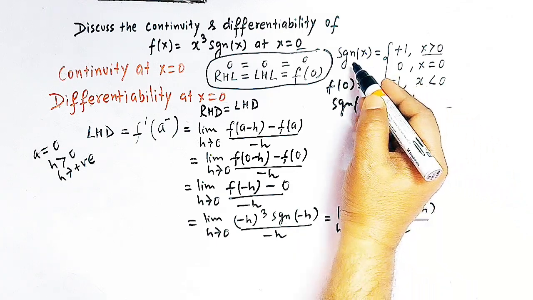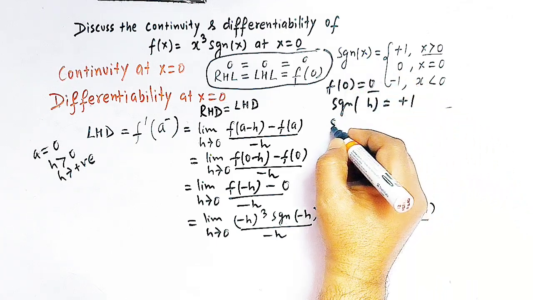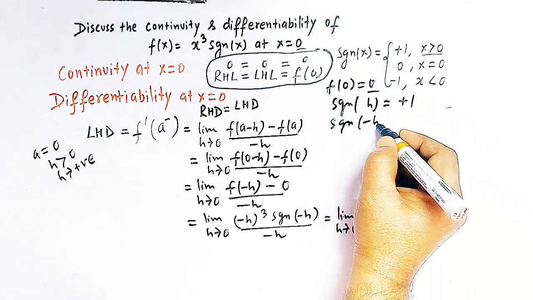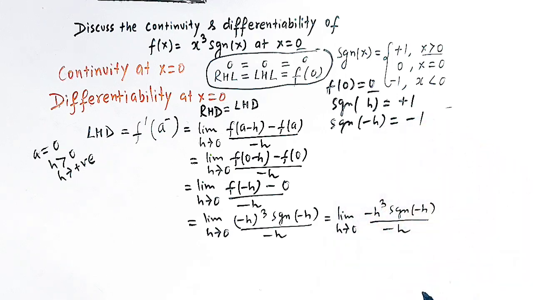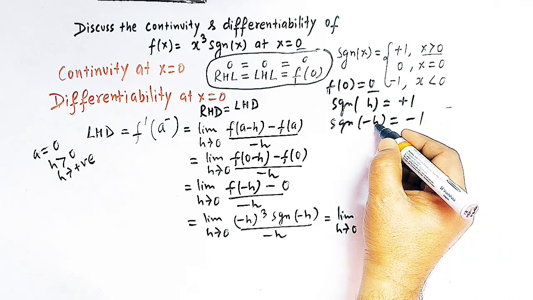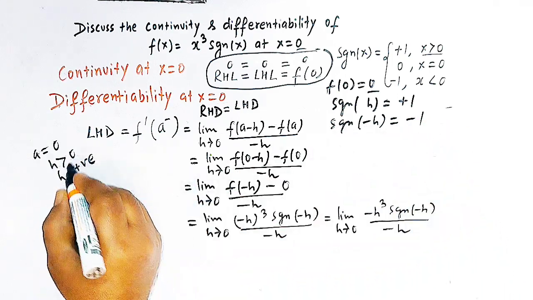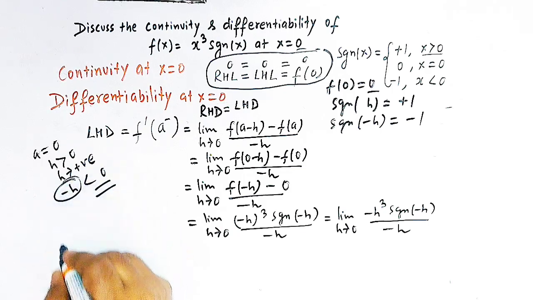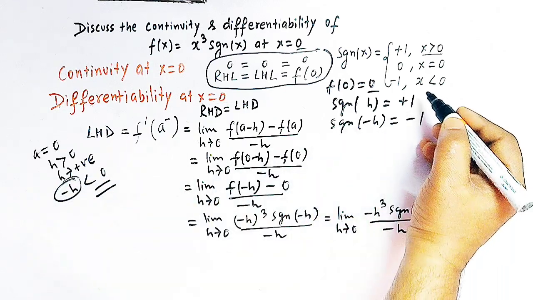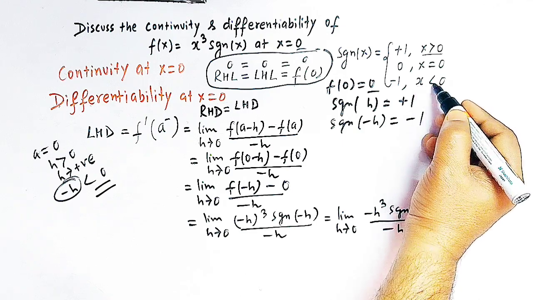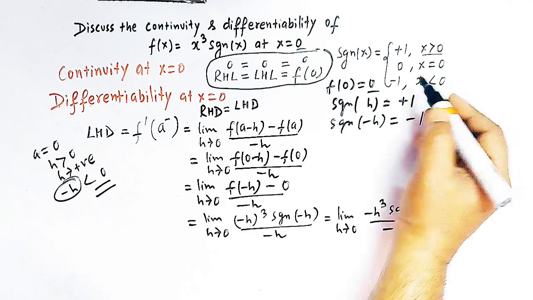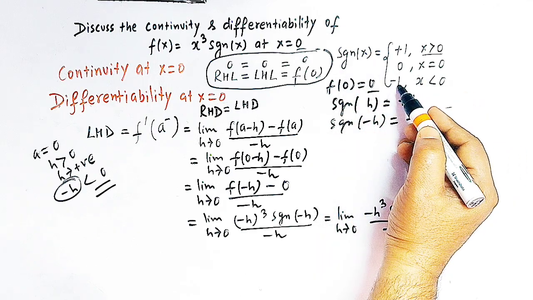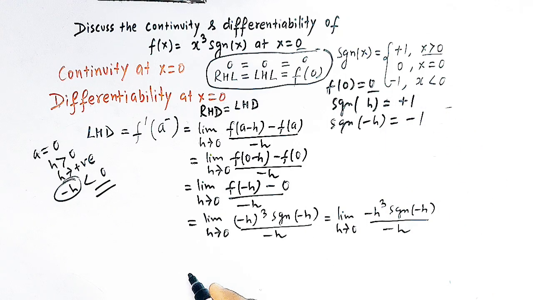Now again from the definition, signum of minus h is equal to minus 1, because h is greater than 0, so minus h is less than 0. So this is a negative quantity, and whenever x is less than 0 or negative, signum of x takes the value minus 1.